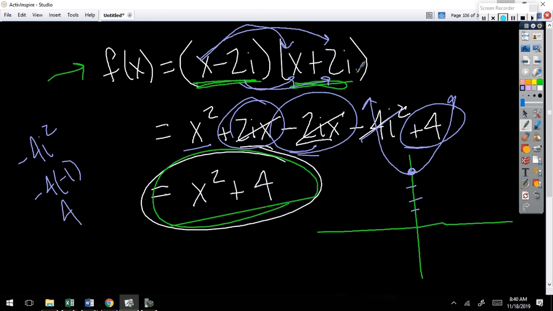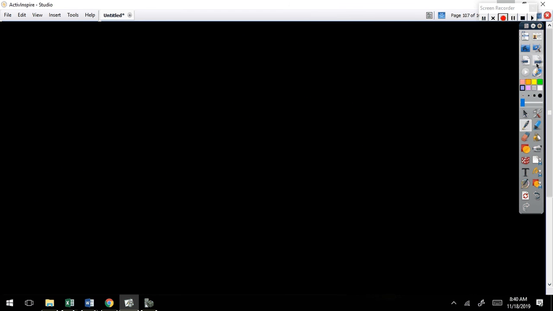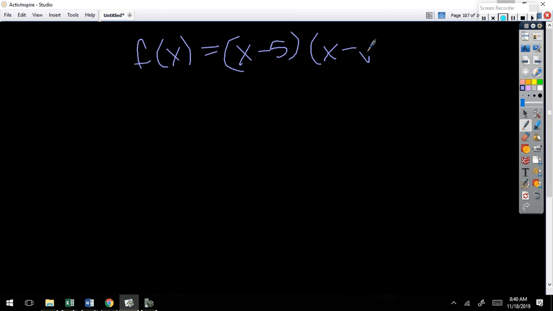Can you have a mixture of real and imaginary solutions? Yes, sure you can. What if it looked like this? How many solutions? 3, right? There's going to be 3 zeros. How many real zeros?